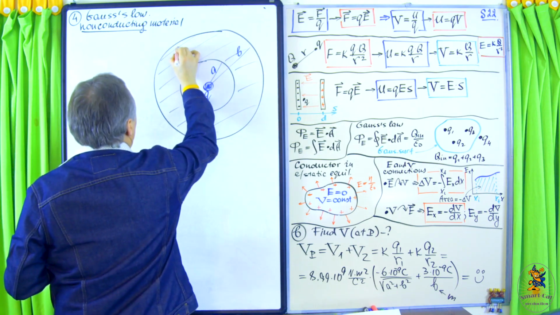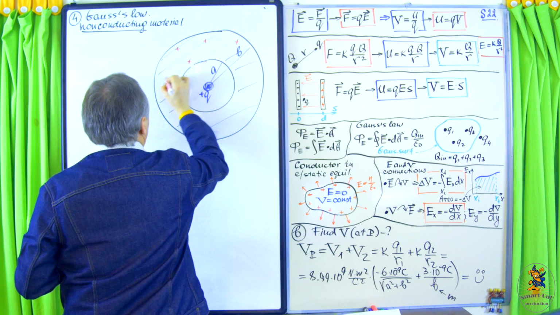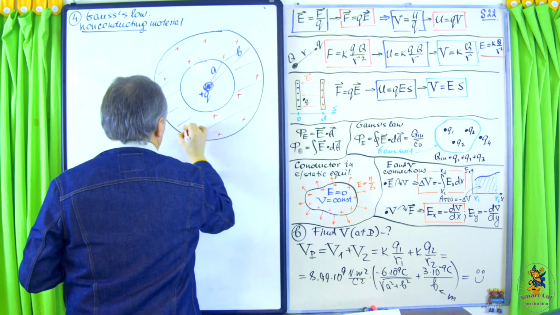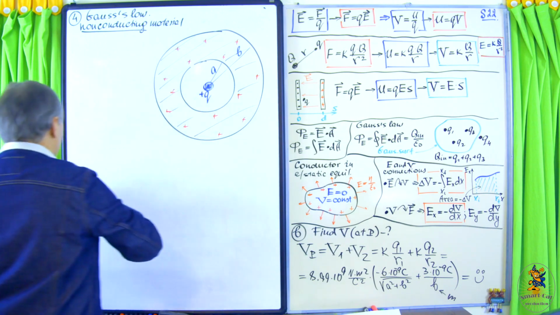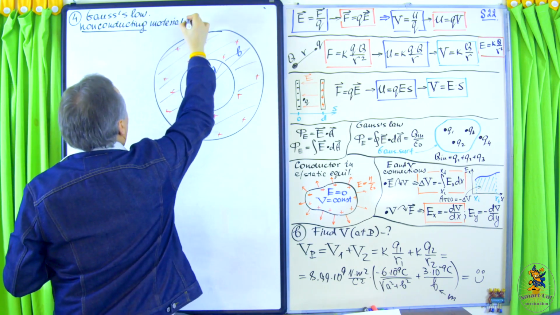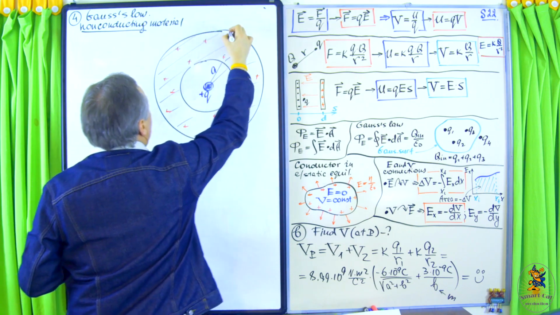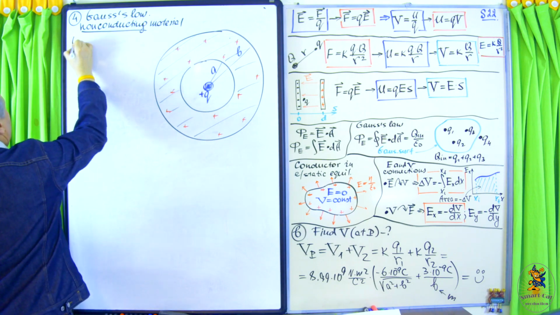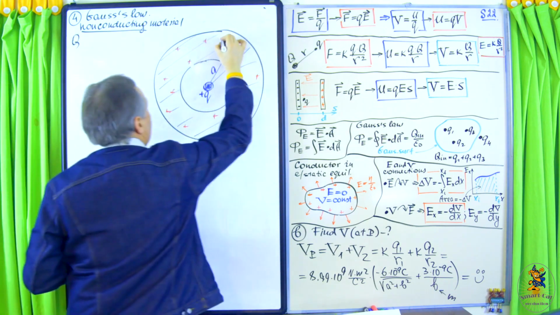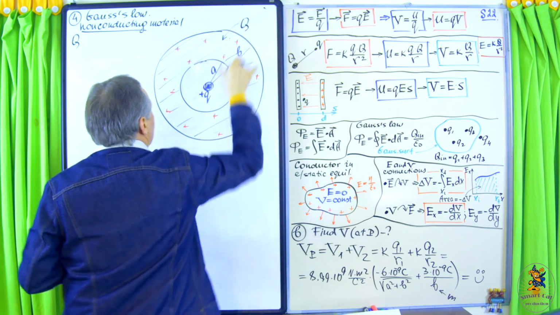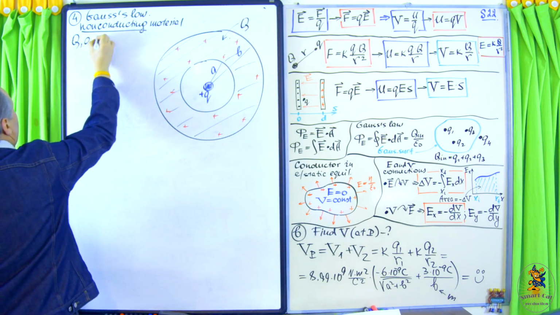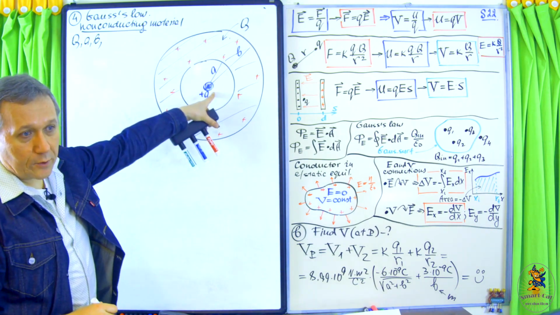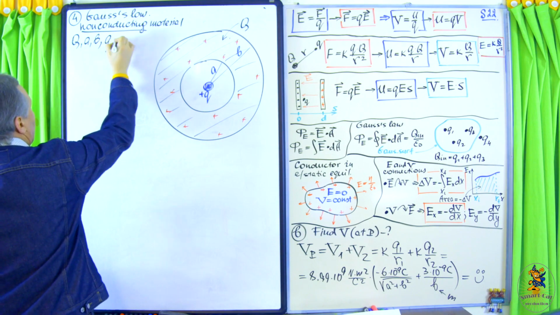I can actually draw a few pluses. Non-conducting material. So what is given? Q, a charge uniformly distributed over that shell. Then radii A and B are given, and charge at the center, Q small. So that's what is given.